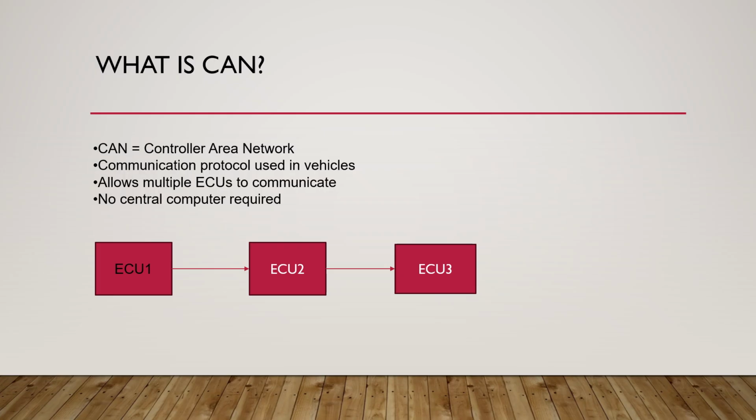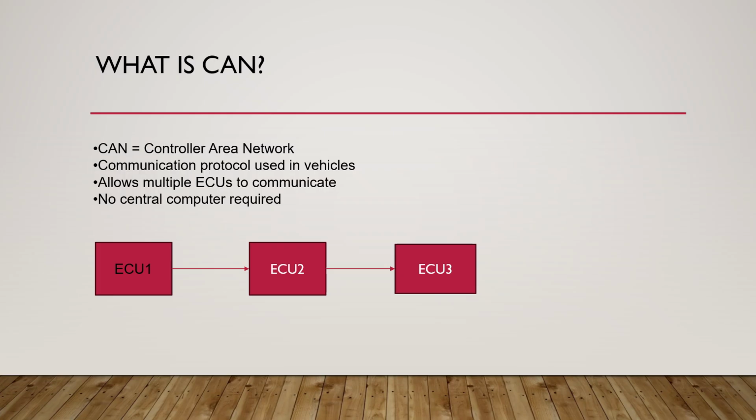These ECUs do different jobs. For example, one ECU controls the engine, another controls braking, and another controls sensors. Now all these need to talk to each other. So how are they going to talk? They will communicate with CAN communication.